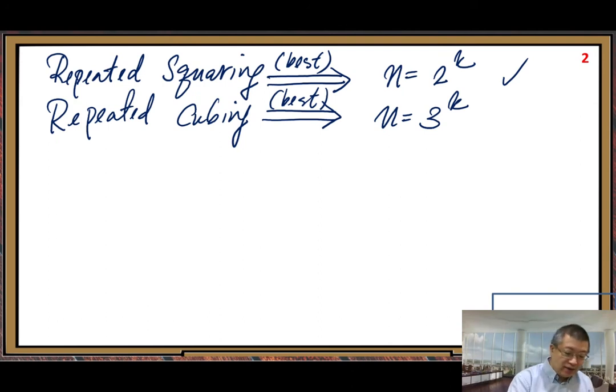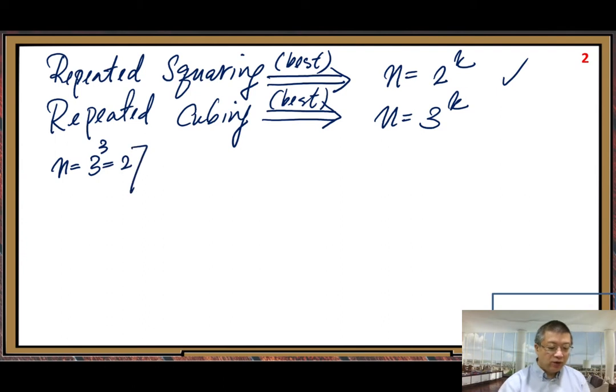So let us consider a power of 3, favoring repeated cubing. 3 cubed equals 27. Because 27 is not a power of 2, it won't favor the repeated squaring technique.